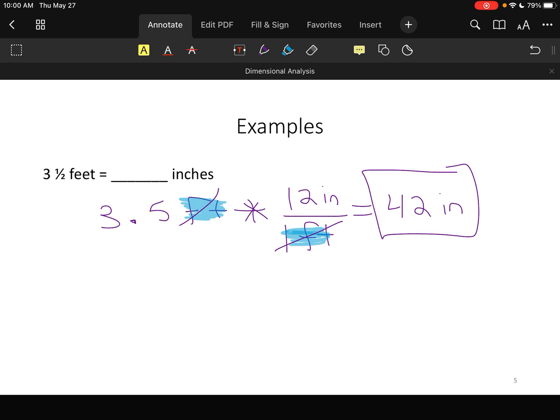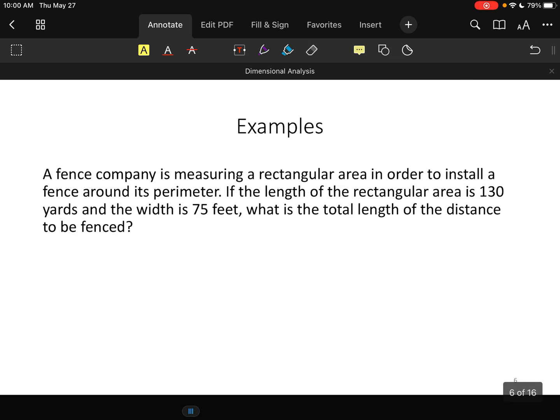Now that's very simple. That's just to show you the setup. Typically what you'll see is word problems you have to dissect, but it's the same principle. So we've got a fence company that is adding fence to a rectangular area around its perimeter. I'm going to go ahead and do my sketch.